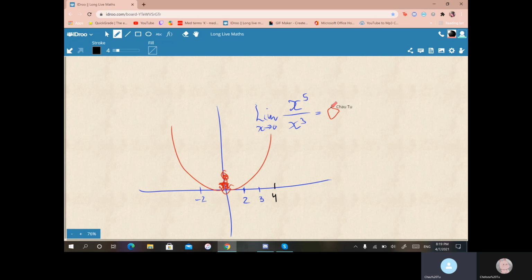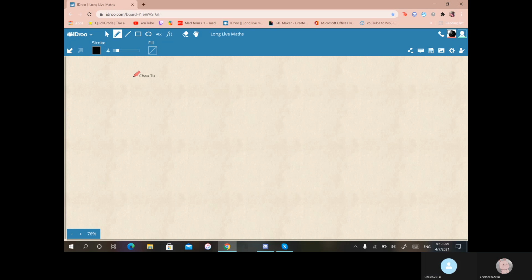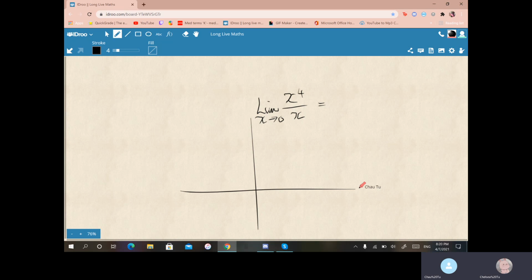All right. What about this? X to the power of 4 over x. Take the limit as x heads towards 0. Anyway, what does this graph look like? Can you draw that graph? Yes. It will be my favorite graph.